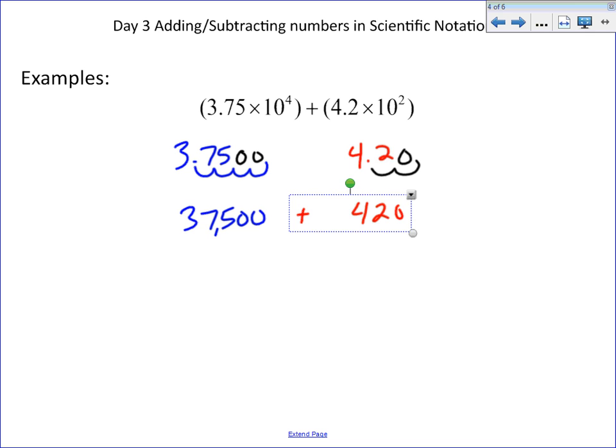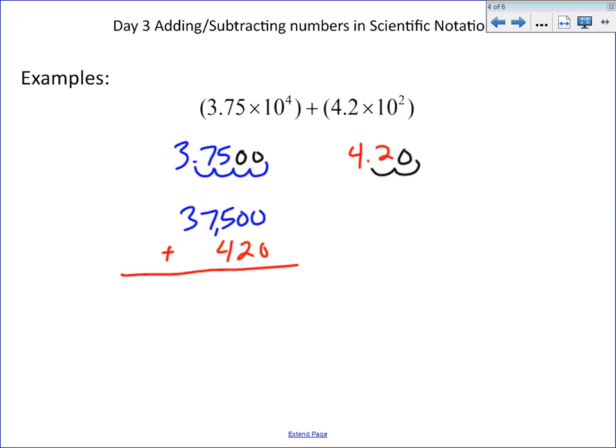Now we can stack these, making sure we're adding them. We get 0, 2, 5 plus 4 is 9, 7, 3. So 37,920. So when we take this number plus this number, this is what we get.